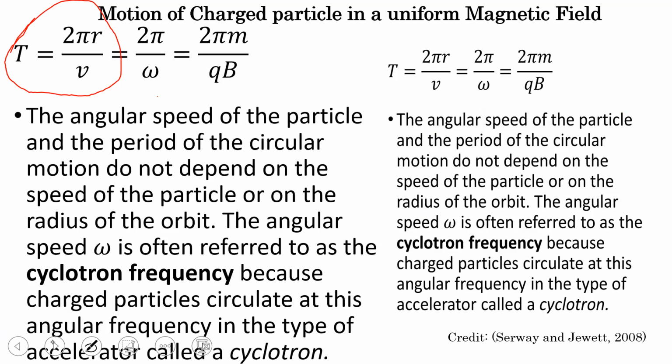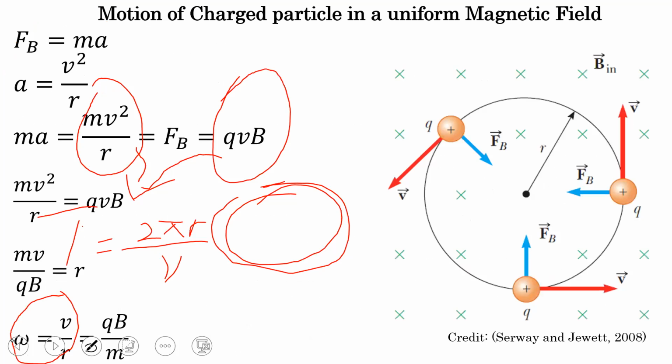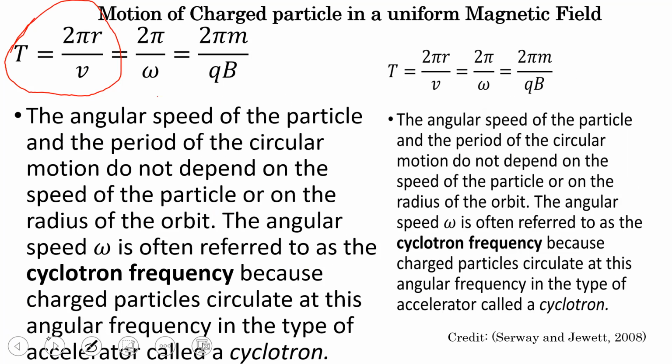And knowing that omega has been defined as qB over m, then easily we can replace the omega here with qB over m. So the angular speed of the particle, omega, is often referred to as the cyclotron frequency.